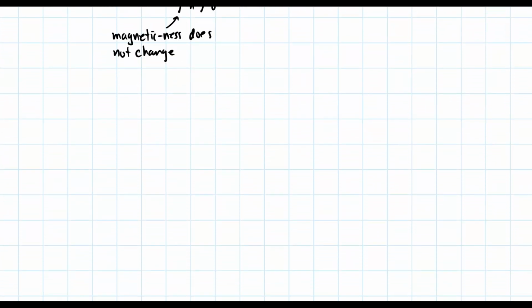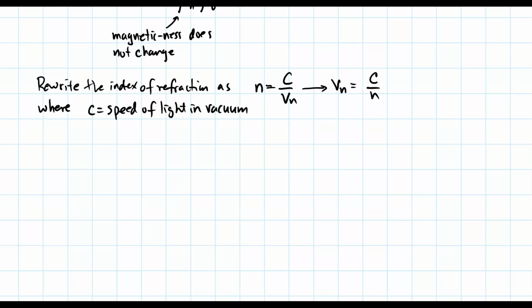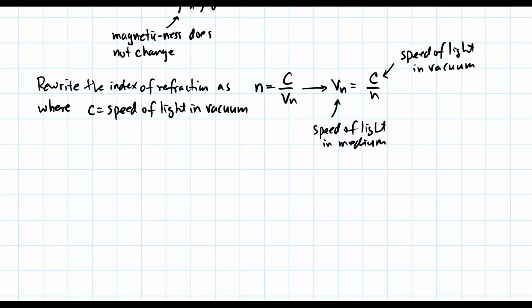From the above equation, we can write the following. The way we will rewrite the index of refraction is in terms of the speed of light in the medium versus the speed of light in a vacuum divided by the index of refraction.